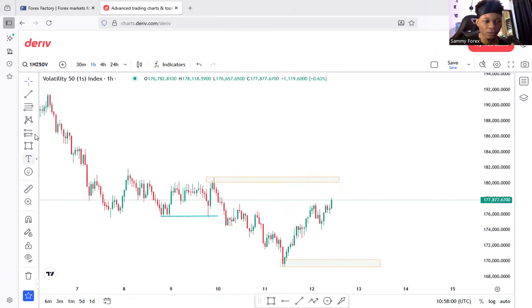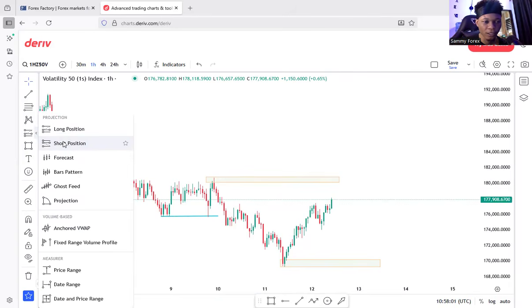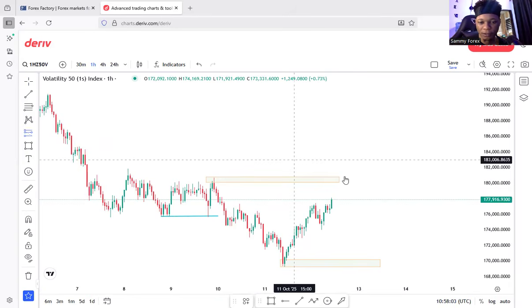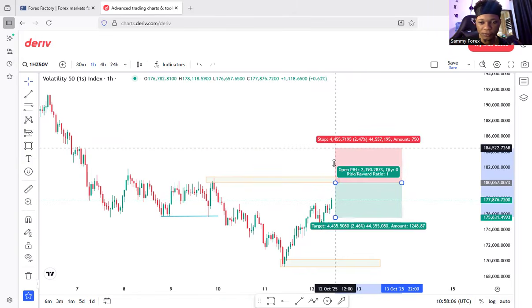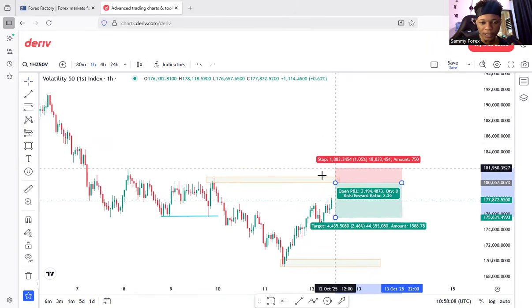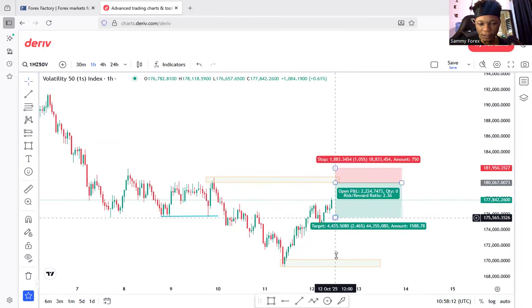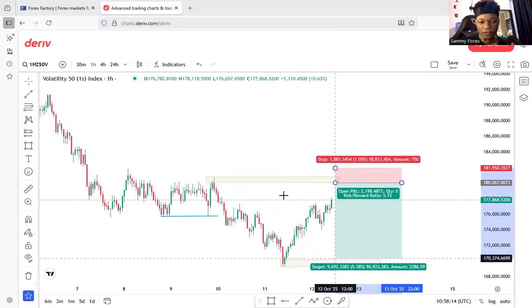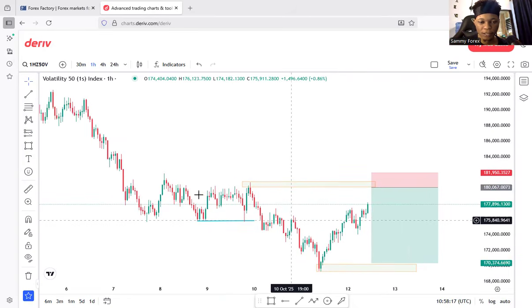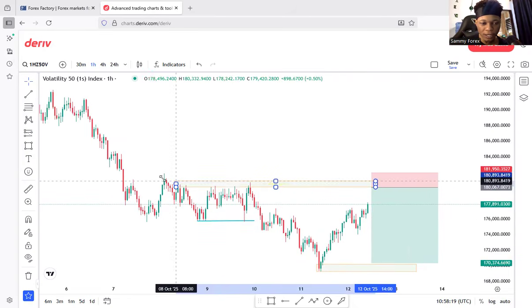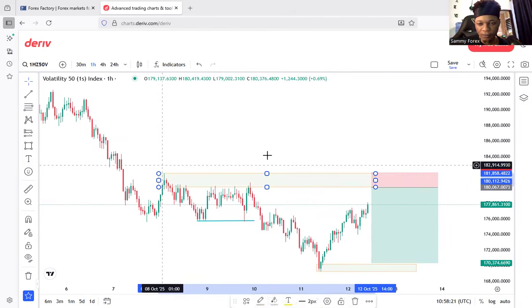Then this is where you might take your shorting opportunity, around this particular zone, and then back to this low, because price might definitely come back to this particular low. Once this high is taken out, I can extend it all the way to this particular high.